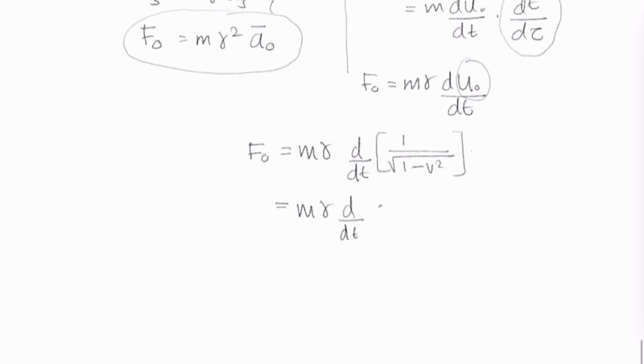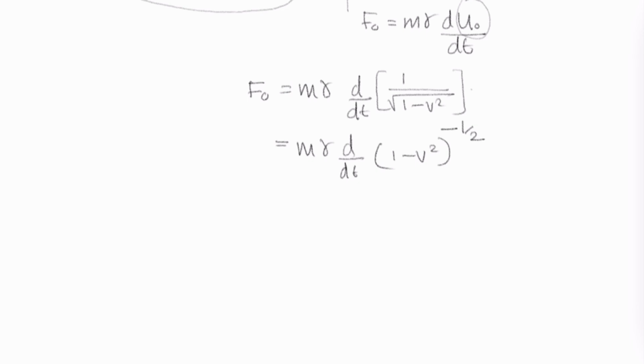So when you differentiate this whole thing in terms of t, this becomes minus half times 1 minus v squared to the power minus 3 over 2 times the differentiation of v squared, which becomes 2v.